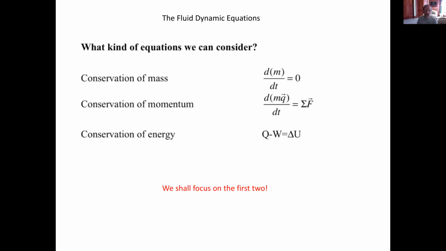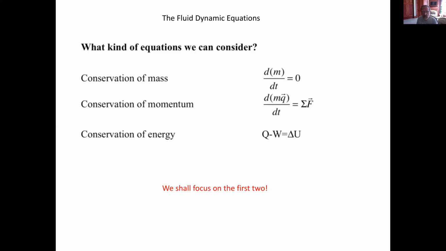So what kind of equations can we consider? In dynamics, usually you look at the equation of motion, which is the conservation of momentum. We can add conservation of mass, and then conservation of energy as well. You have a quantity of mass, and the change dm/dt is zero, which is conservation of mass.